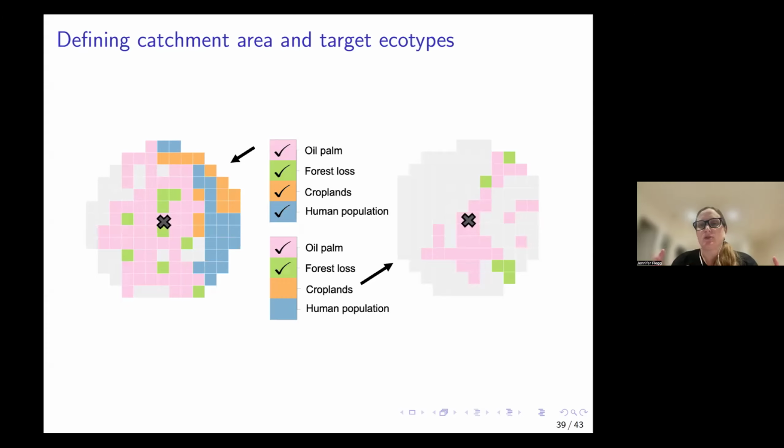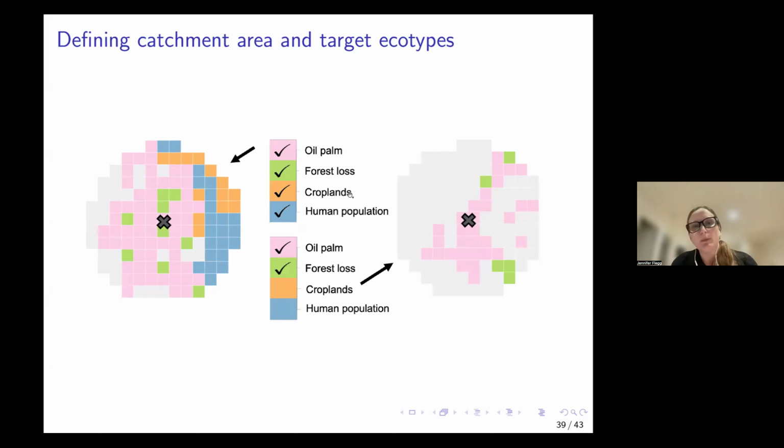Once you've decided on what your catchment is, whether it's a circle or based on travel time, you of course have to think about whether the surrounding catchment area is suitable for both monkeys to survive and mosquitoes to survive, because without those two, you won't have Knowles-Vine malaria transmission. There have been some studies which link Knowles-Vine malaria transmission to these types of covariates. So there needs to be human population, so people need to be living in the area.